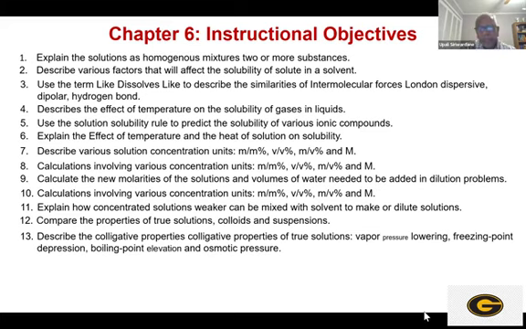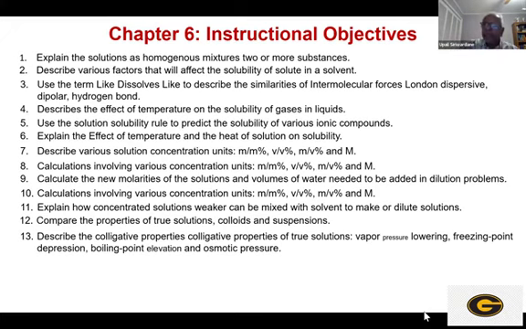The last topic we're going to talk about is colligative properties. Colligative properties are properties of a homogeneous mixture, a solution, which are dependent on the number of solute particles.